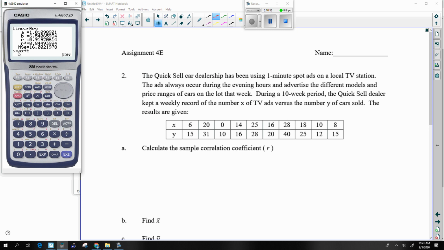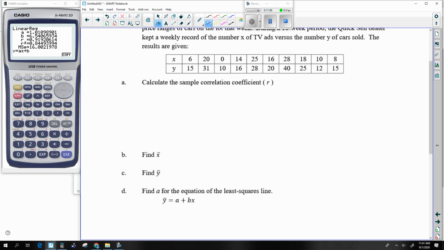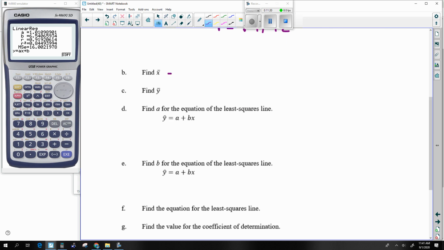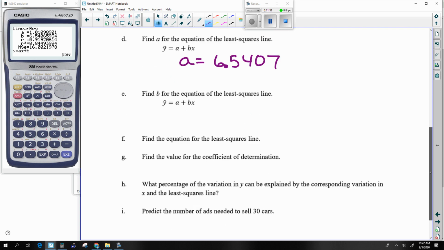You have to hit the A plus BX, not AX plus B, but A plus BX, and then your variables will be correct. Mine are correct, but just backwards. All right, so here I get my R of 0.9192. Again, I'll jump over X bar and Y bar. I'll come back to it. A is 6.5407. B is 1.0110.